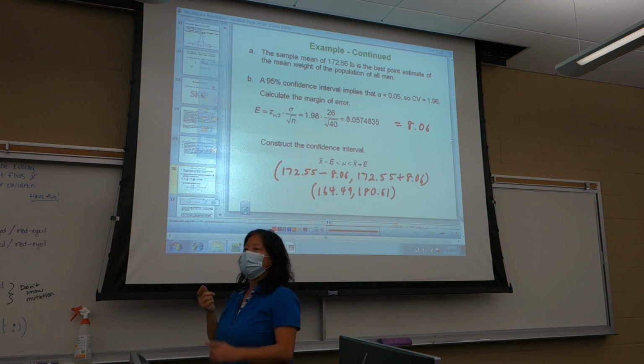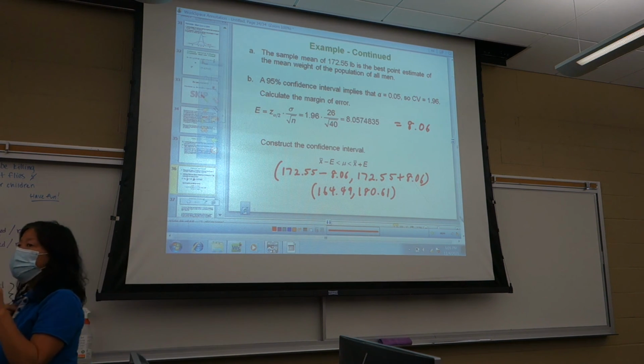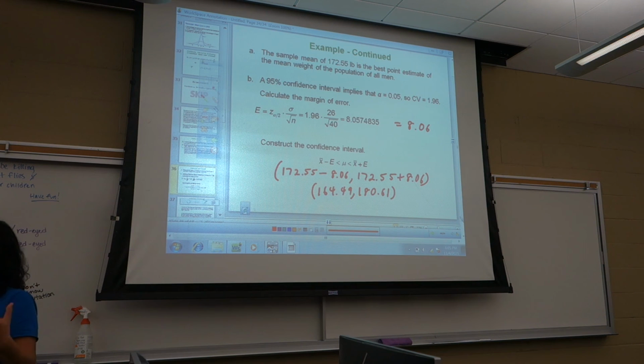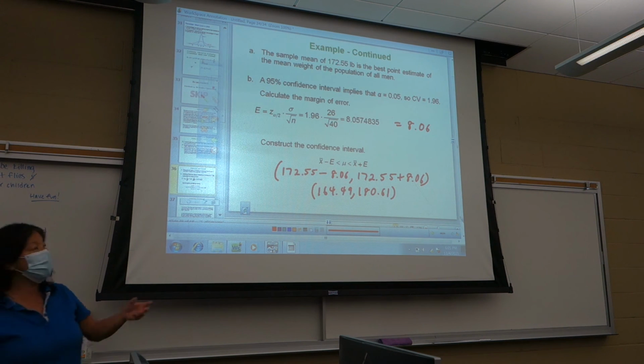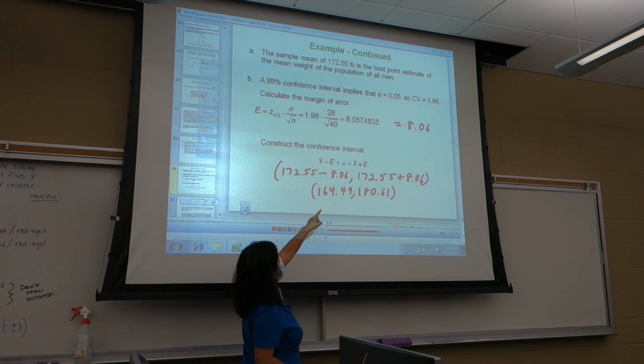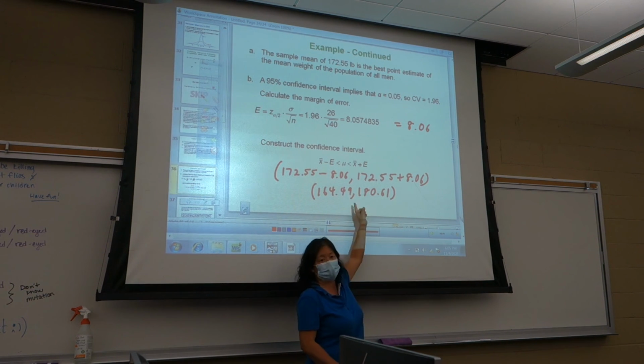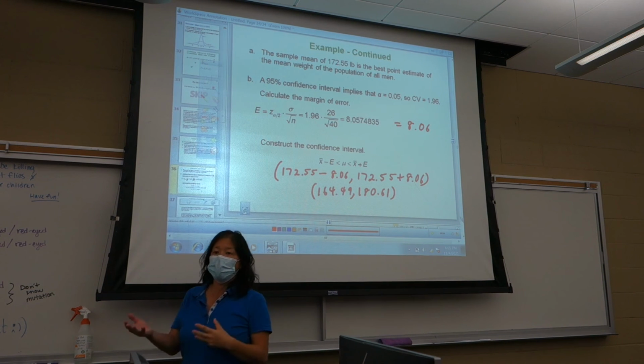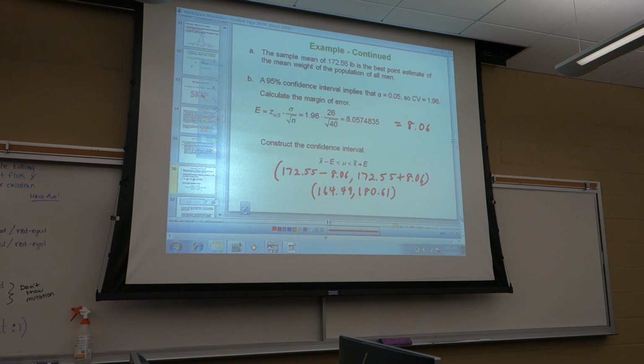My standard deviation had 1 decimal place, 26.0. Take the one that had more decimal places. So 172.55, that's what I'm going to use, 2 decimal places. So your confidence interval should have 2 decimal places. Does that make sense for folks? So between the standard deviation and the mean, whichever one has more decimal places, use that one. All right. Good.